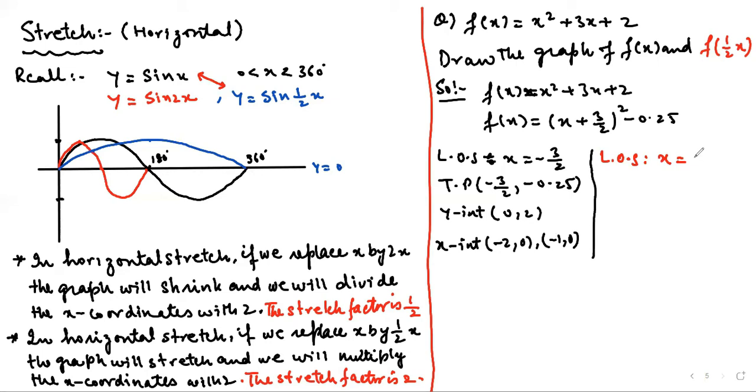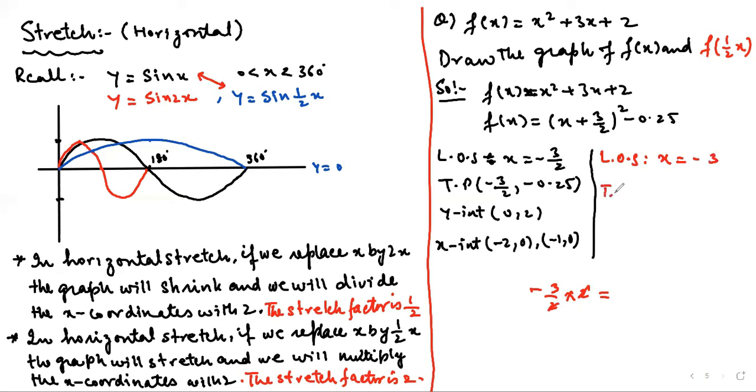In horizontal stretch, if you replace x by half x, the graph will stretch and you multiply the x coordinates by 2. When we multiply -3/2 with 2, the answer is -6/2, so -3.